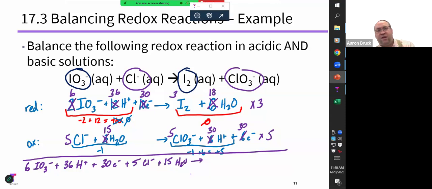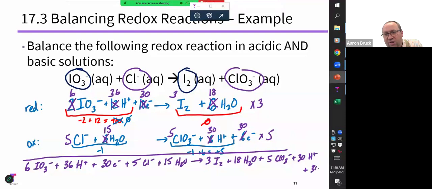And on the product side, we would have 3 iodine and 18 water and 5 chlorate and 30 hydrogen ions and 30 electrons.